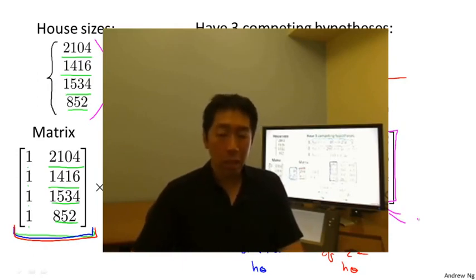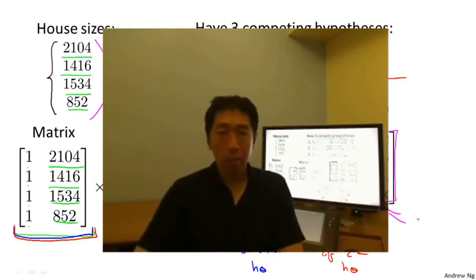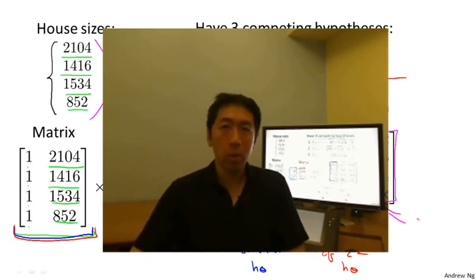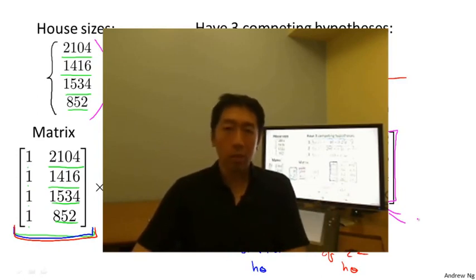And there are good linear algebra libraries that are highly optimized to do that matrix-matrix multiplication very efficiently, including taking advantage of any sort of parallel computation that your computer may be capable of, whether your computer has multiple cores, or multiple processors, or within a processor, sometimes there's parallelism as well, called SIMD parallelism, that your computer can take care of. And there are very good free libraries that you can use to do this matrix-matrix multiplication very efficiently, so that you can very efficiently make lots of predictions of lots of hypotheses.